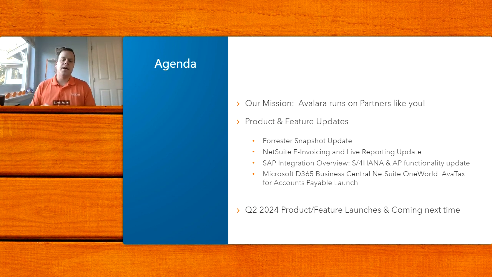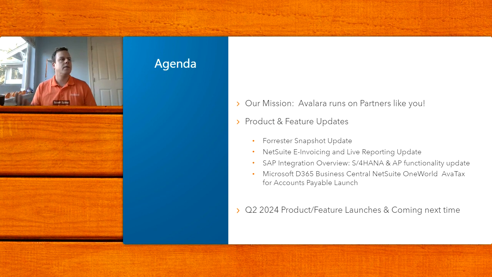Now, today we'll be talking about a few things. I'm going to go through an overview of the Forrester snapshot. I know some of you may have seen that on LinkedIn in different areas. I'll just give a couple of things in a snapshot in regards to where you can download it and get the infographic. Chris will be giving the NetSuite e-invoicing live reporting update.